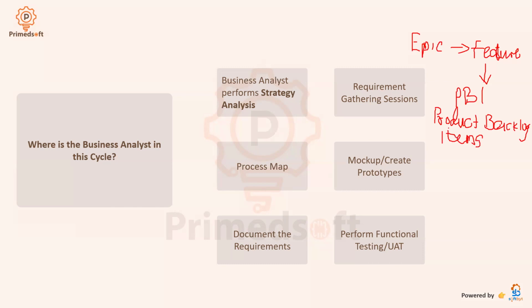So it's these product backlog items that you call your story; it's inside them that you write your stories. So I could call them epic, feature, and user stories. Or you can call them epic, feature, and PBI.